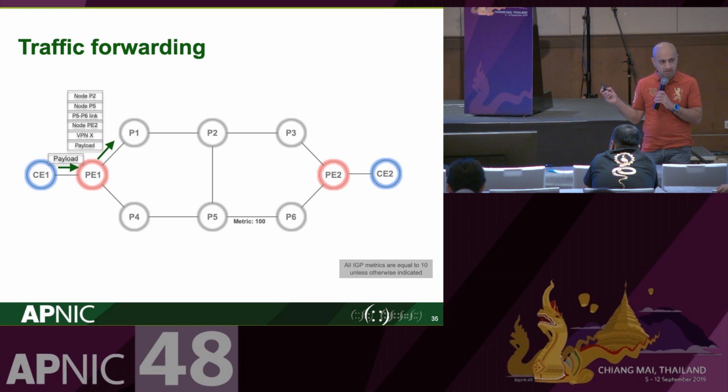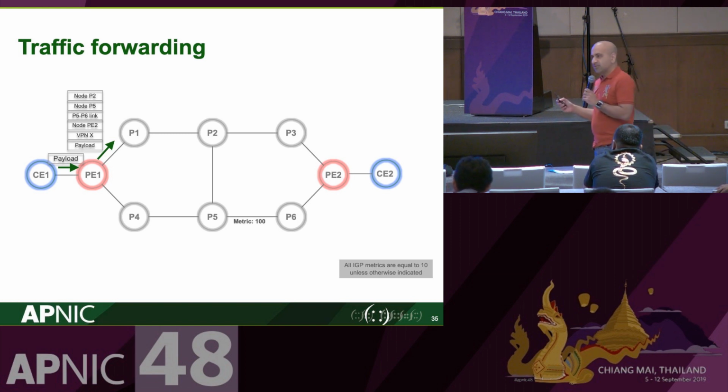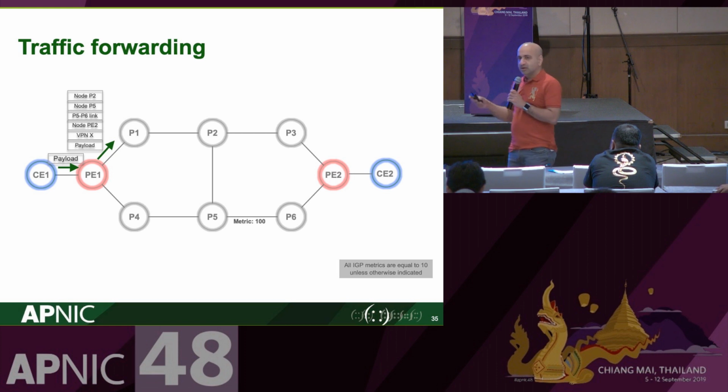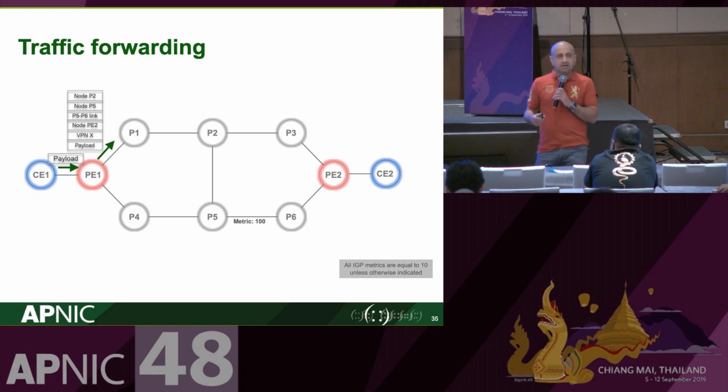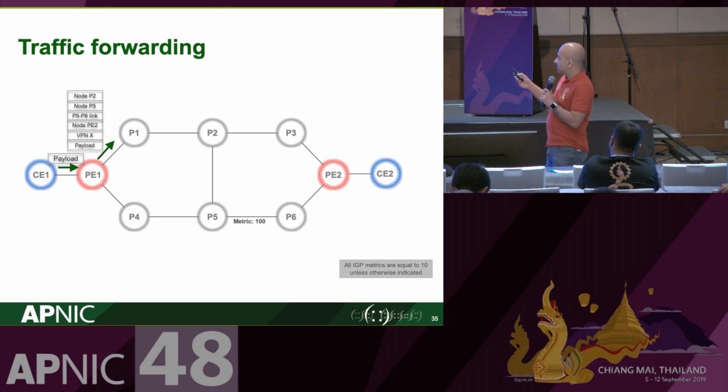One thing I probably did not mention earlier is that when you have a stack of labels on a packet, when it gets to a node, it always looks at the top label. It doesn't look underneath it for the purpose of switching. So we start off here with a label for P2.